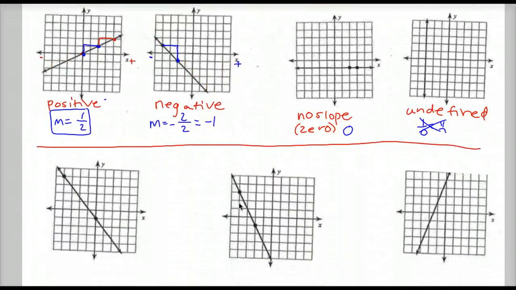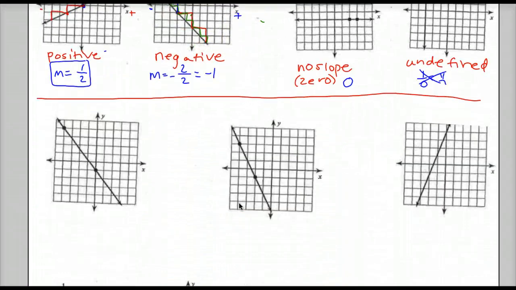So I'm going to do these first 3 with you. And what we want you to do is first tell us if the slope is positive or negative. So this first one here is a negative. And then we're going to write m equals what? Well, I'm going to start at my lower point, remember, and I'm going to rise up.